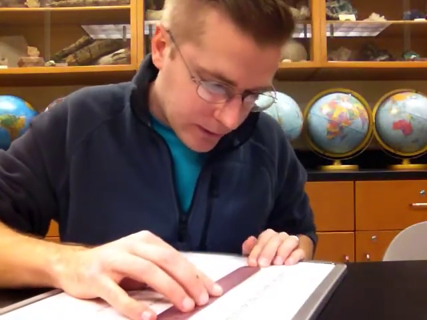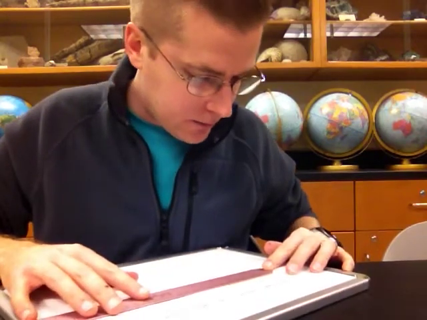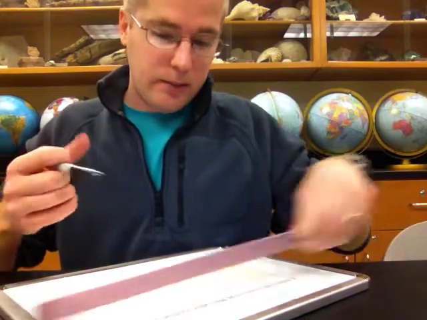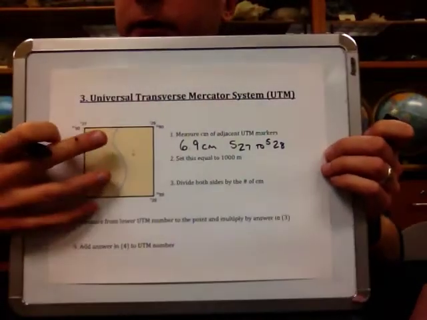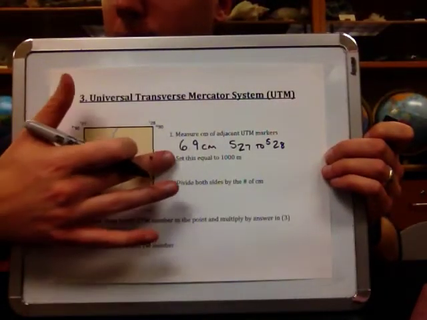And what I get for the size that mine is on this printout is 6.9 centimeters. So we're going to make note of that. 6.9 centimeters from 527 to 528. Now, if the image is a different size, this number will be different.